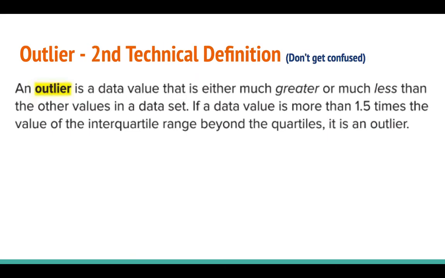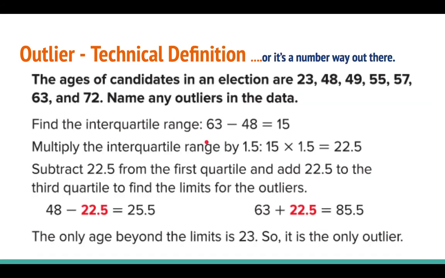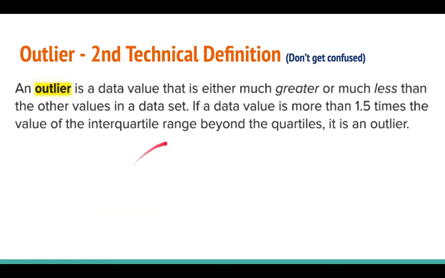Now going back to that definition, an outlier is when a data value is more than 1.5 times the value of the interquartile range. So let's find 1.5 times the value of this interquartile range. 15 times 1.5 is 22.5. Now, if you go back, it says 1.5 times the value of the interquartile range beyond the quartiles.